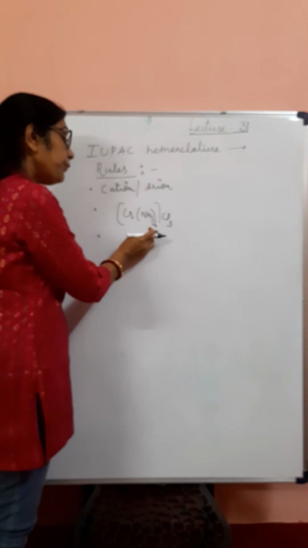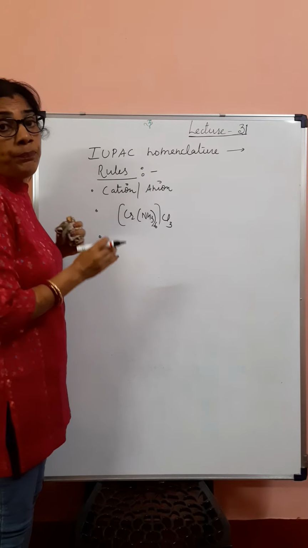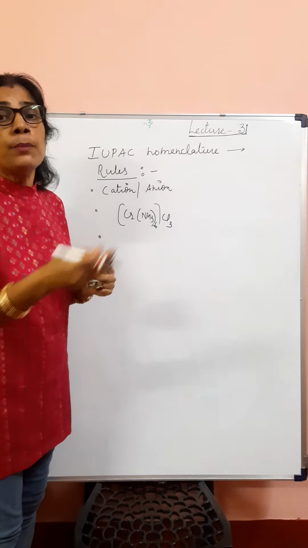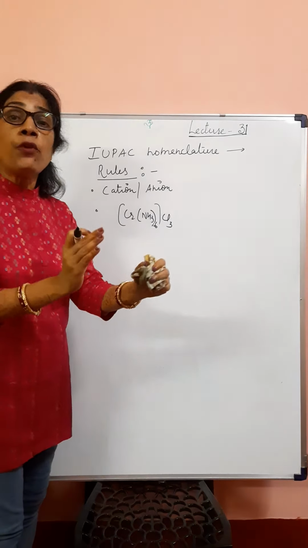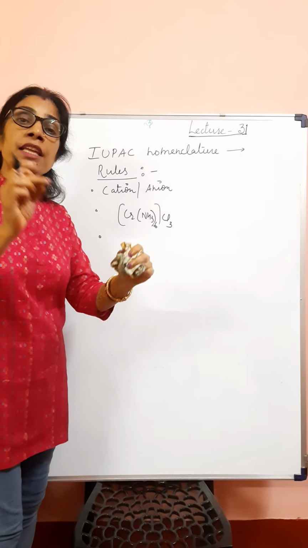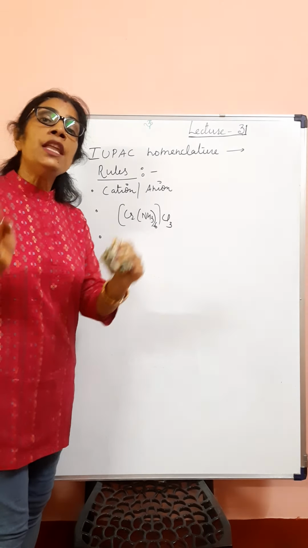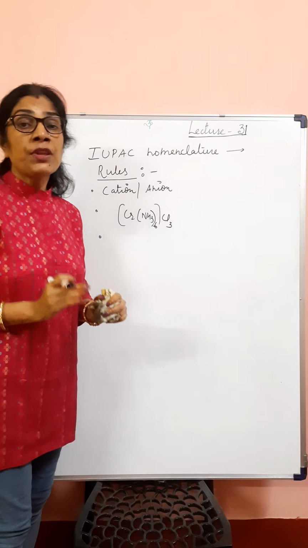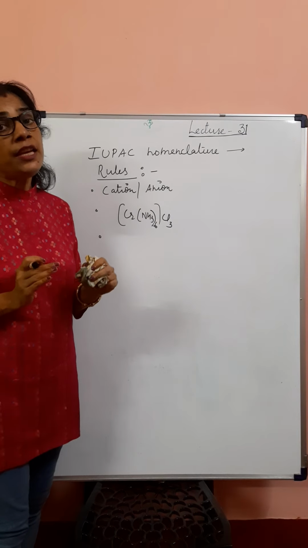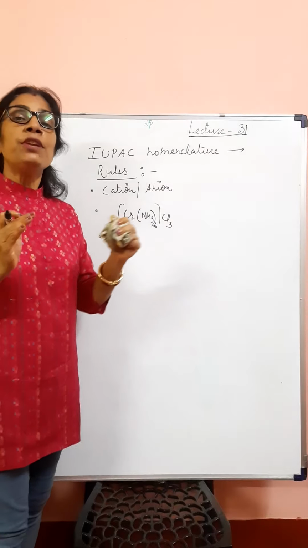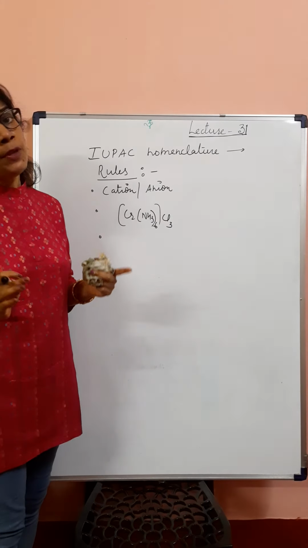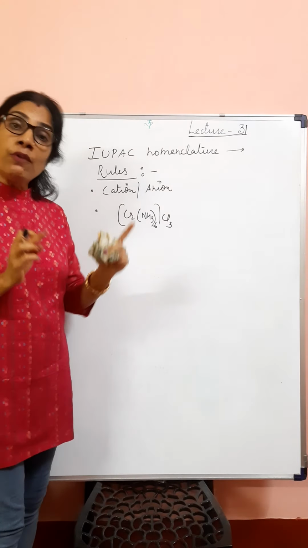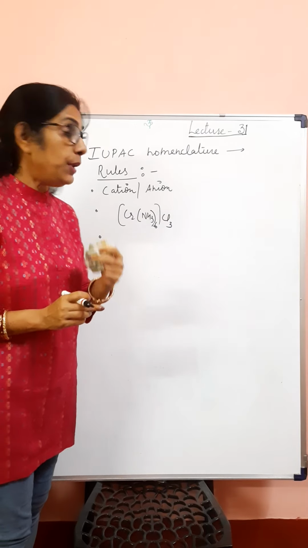And if di or tri is already attached in the ligand name itself, suppose ethane-1,2-diamine, or triphenylphosphine, then for such complex ligands we have to use bis for 2, tris for 3, tetrakis for 4, and so on. But this is to be applied provided the ligands are complex.